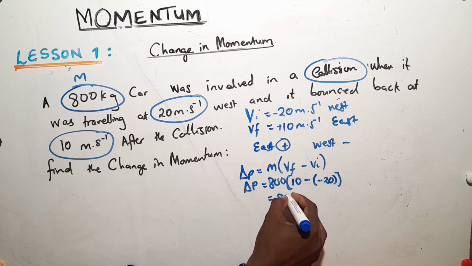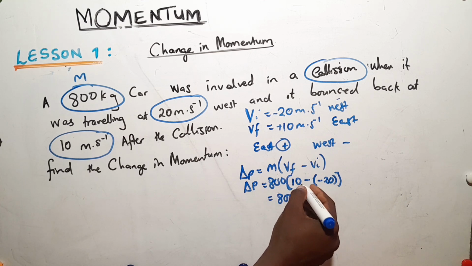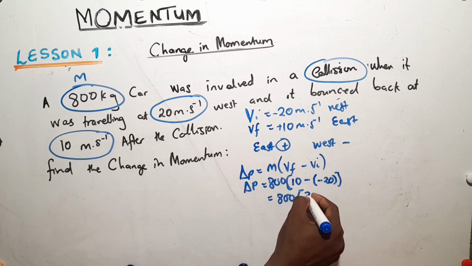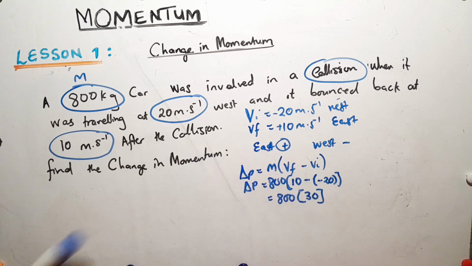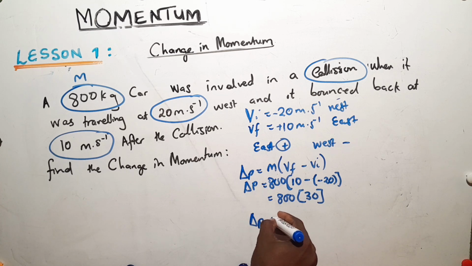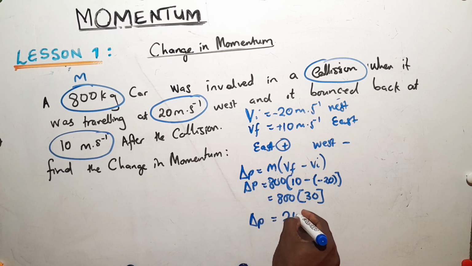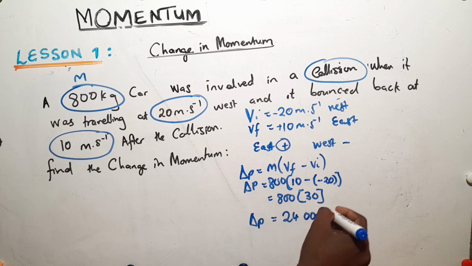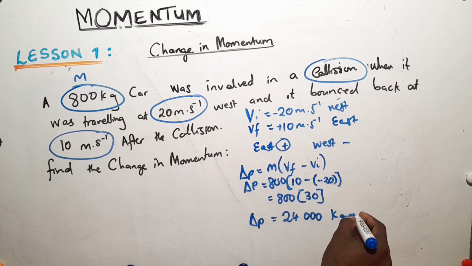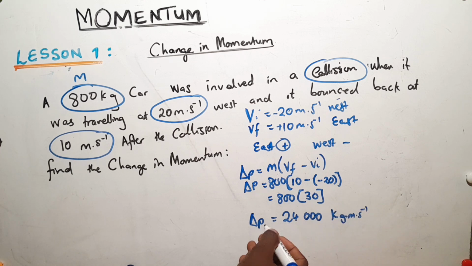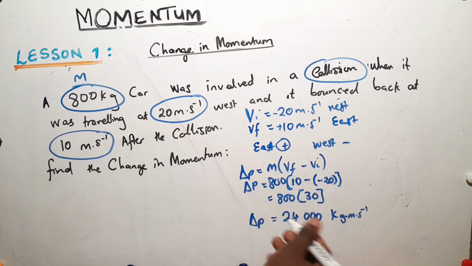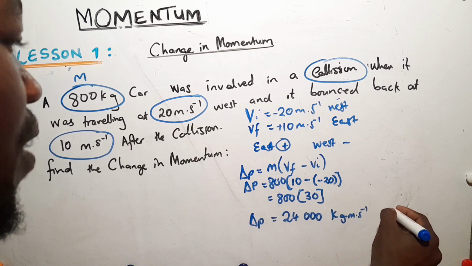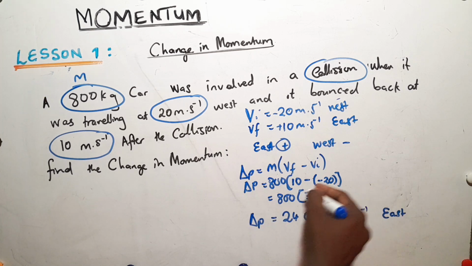So this will become 800 times 30, and the change in momentum becomes 24,000 kg per meter per second. Since this is positive, and we said our positive is east, our change in momentum is east.